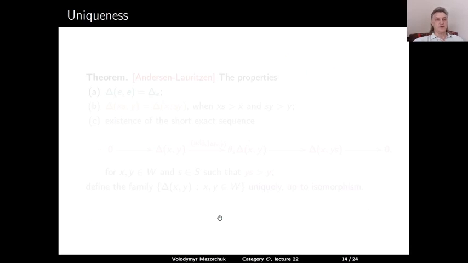So now we can formulate the uniqueness statement about twisted Verma modules. Theorem due to Anderson and Lauritsen. It says that the properties that delta EE is equal to delta E, the original normalization.